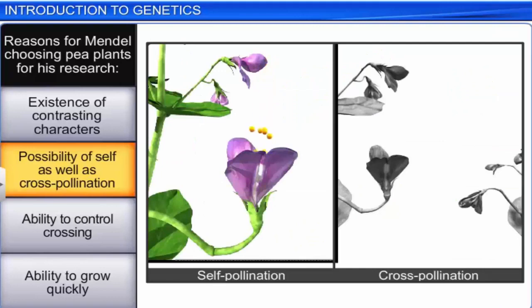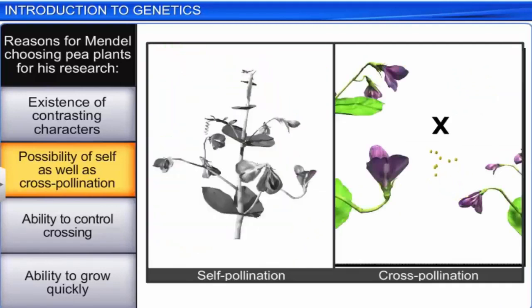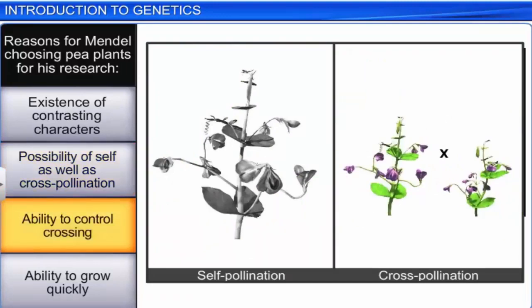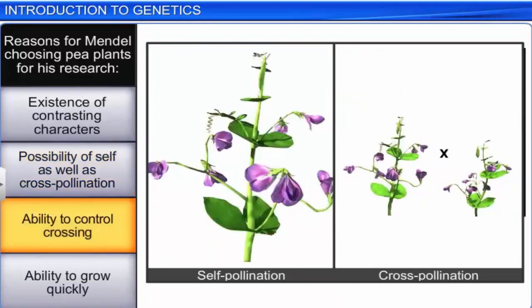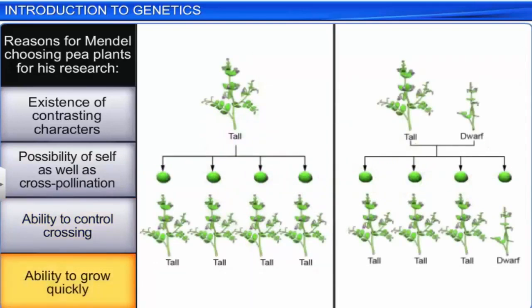Moreover, self-pollination as well as cross-pollination was possible in these plants, and crossing between these plants could be controlled. In addition, these plants grow quickly and produce a large number of offspring.